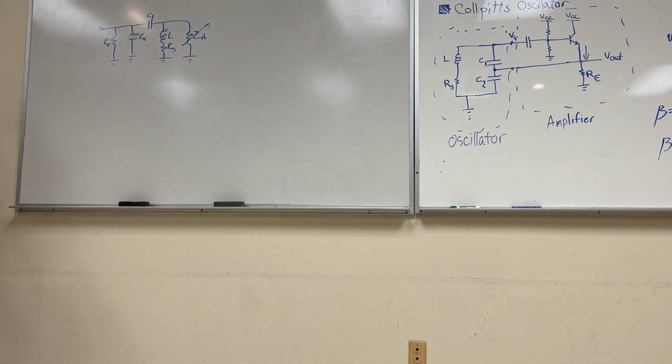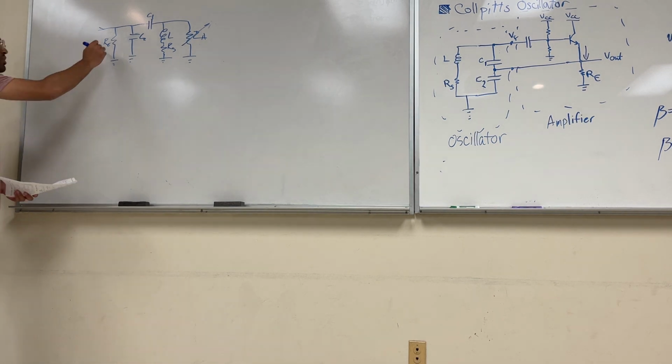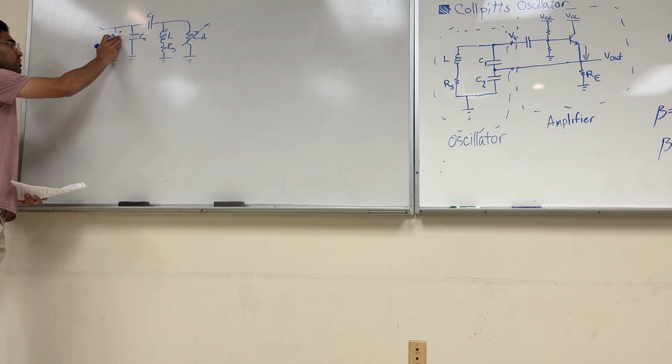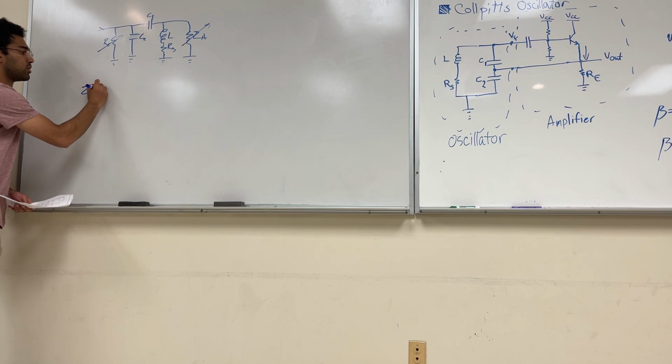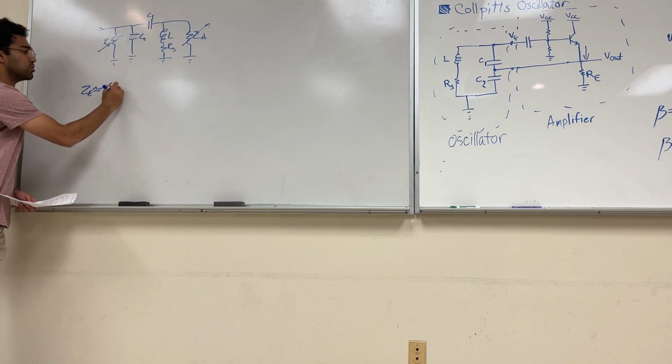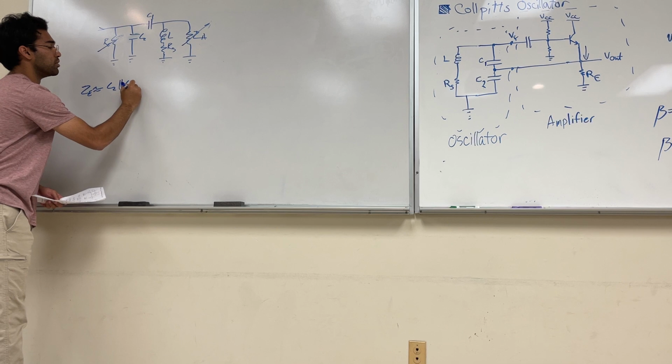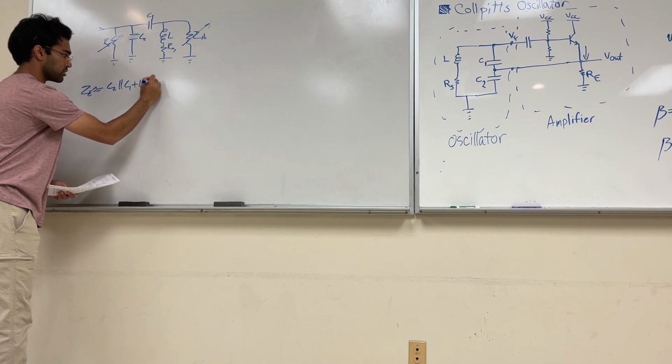You can also assume that your emitter resistor is very high compared to your capacitance, series resistance, and inductance, because it's on the order of 1,000 ohms, while 1 over j omega C2 would be much smaller than kiloohms. So really your ZE is approximately C2 in parallel with C1 plus L plus RS.